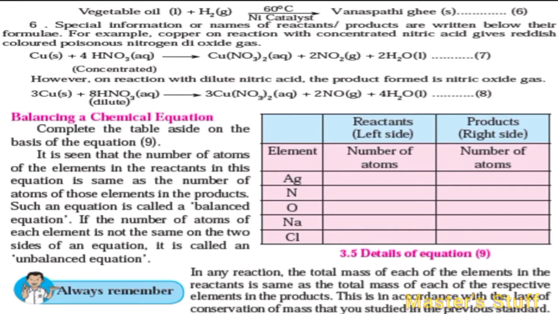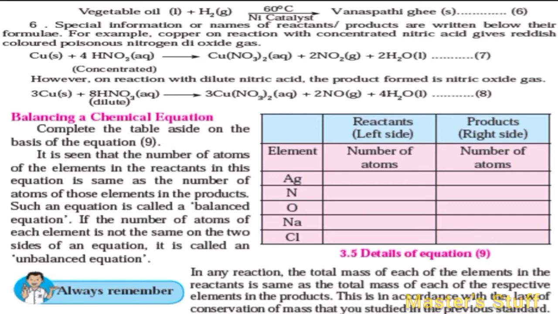Point 6. Special information or names of reactants or products are written below their formulae. For example, copper on reaction with concentrated nitric acid gives reddish colored poisonous nitrogen dioxide gas, as in Cu plus 4HNO3 gives Cu(NO3)2 plus 2NO2 plus 2H2O.